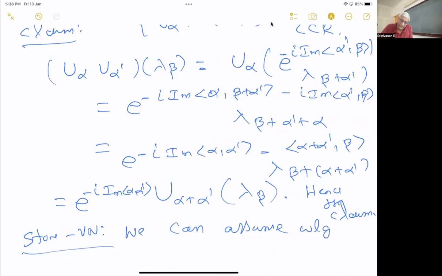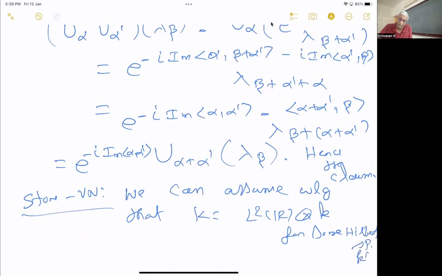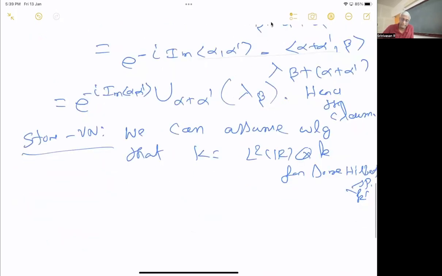Okay. We can assume without loss of generality that our K is nothing but L2 of R tensor small k, for some Hilbert space k, and U alpha equals W of alpha tensor 1.